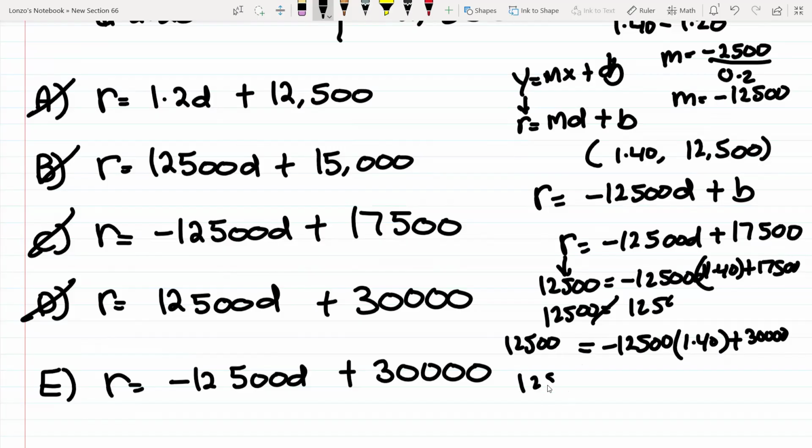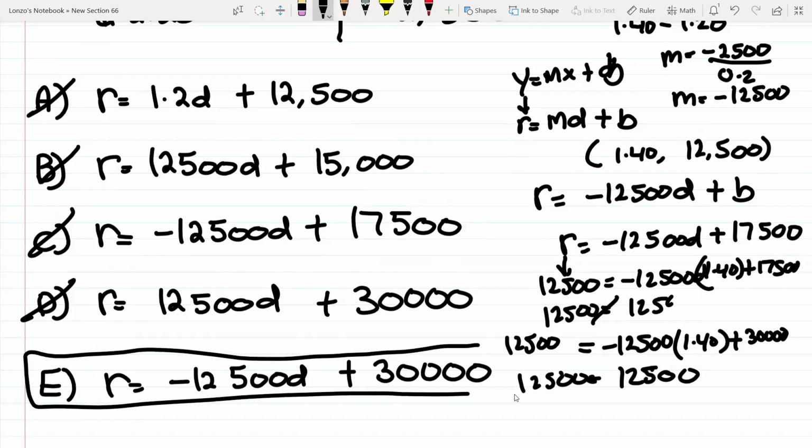This should give you 125,000 on one side and the same on the other. The left should equal the right. That is why it is letter E. Perfect. I am going to stop here.